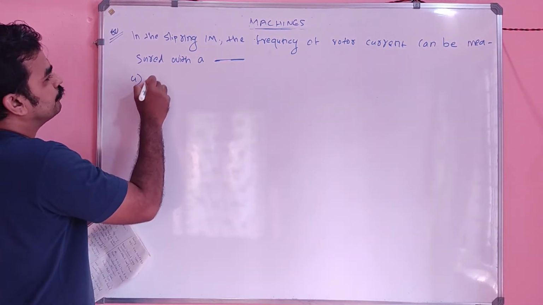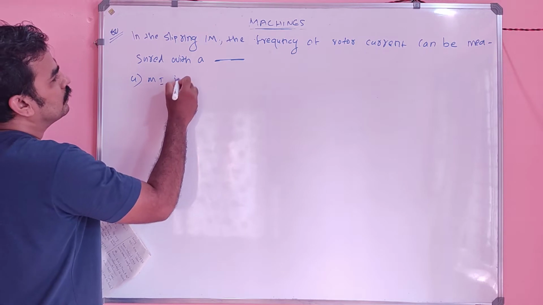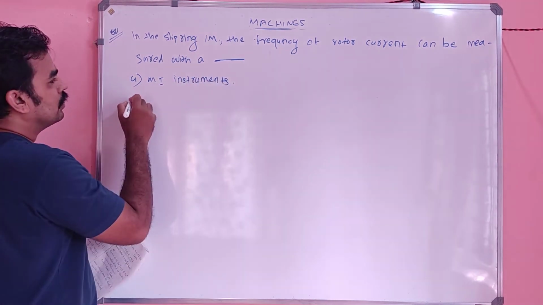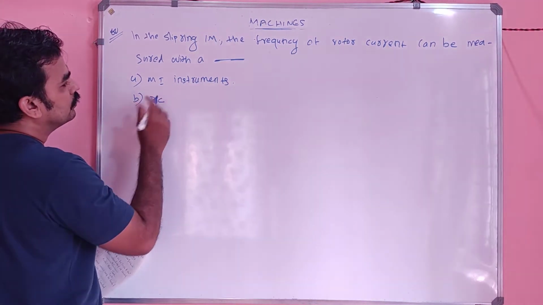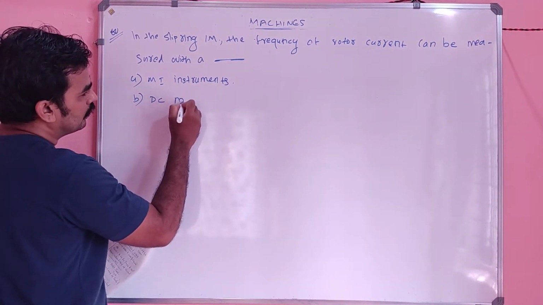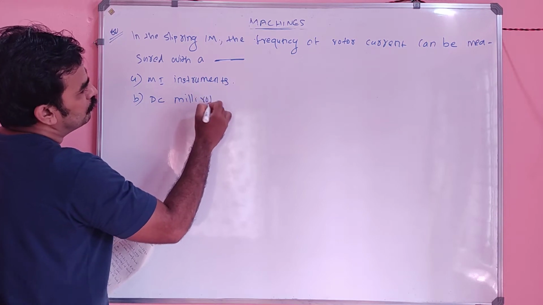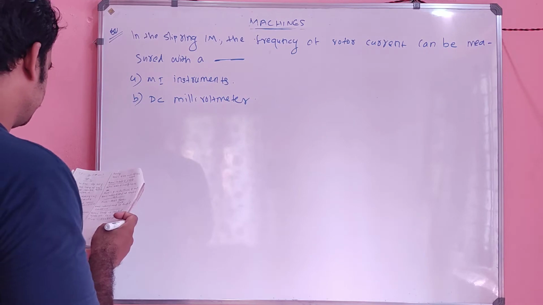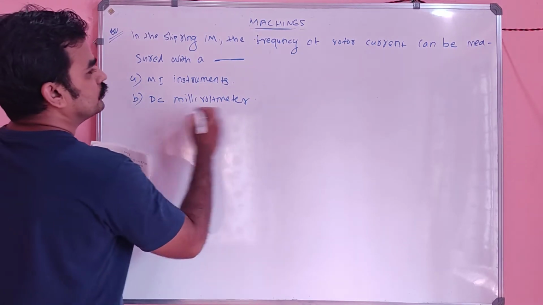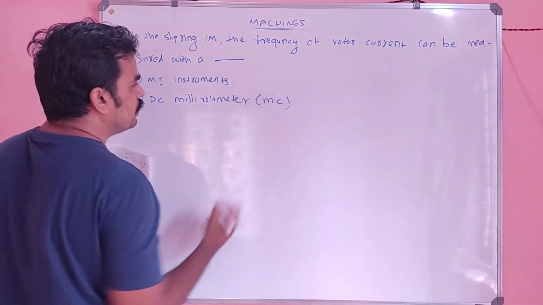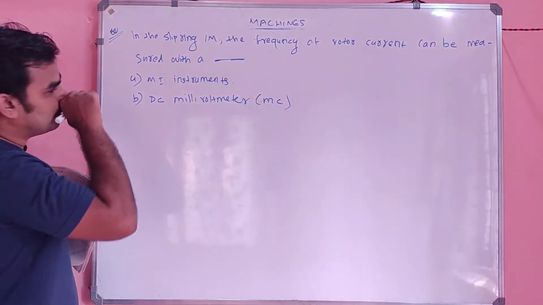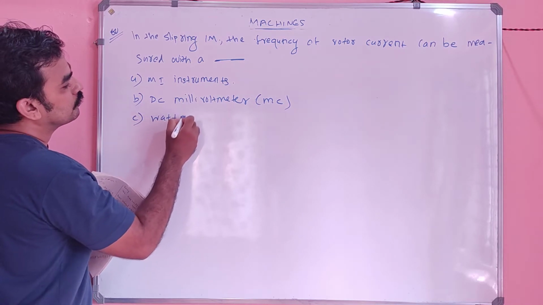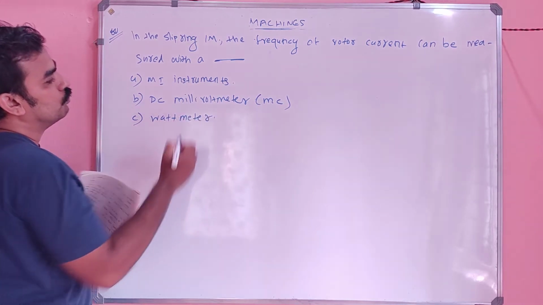Options: A, MI instrument; B, DC milli voltmeter, that is MC, moving coil, DC milli voltmeter; and C, wattmeter.